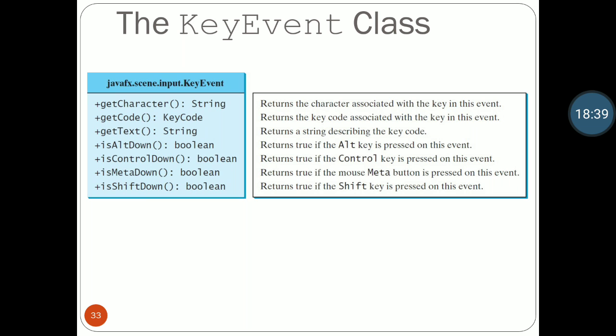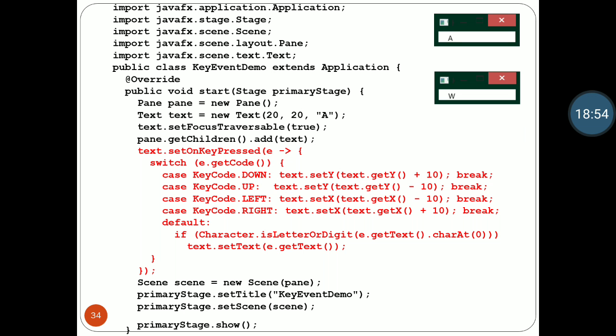Is isAltDown method, that will return true if the alt key is pressed on this event. The other isControlDown, isMetaDown, and isShiftDown methods are the same as the previous class. This is the demo code for key event demo, which checks which key is pressed by this application.